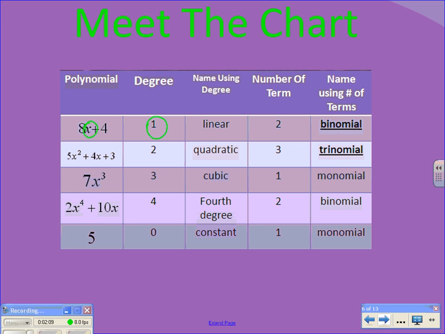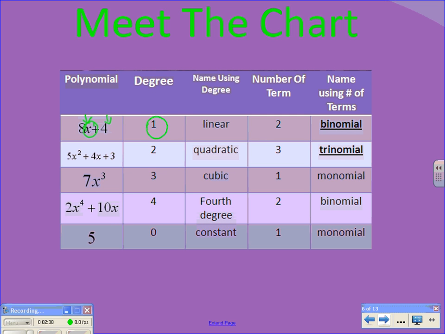You may get confused because of the 1, but when the variable has no exponent on top of it, it will always be 1. And it's linear because that's another name for degree 1. The number of terms is 2, so it's binomial because bi means 2.